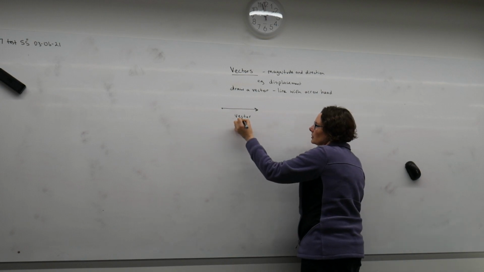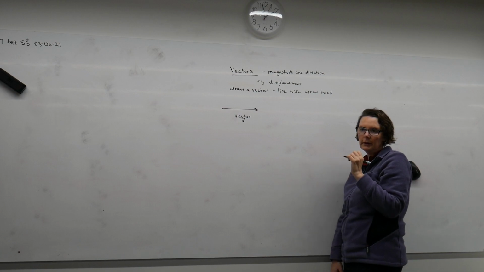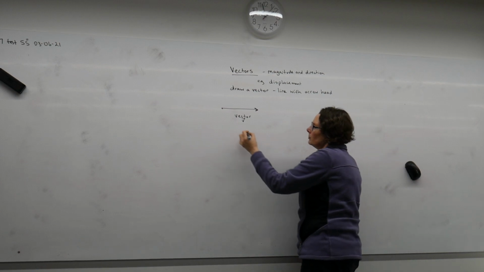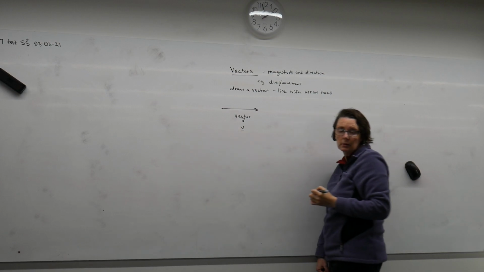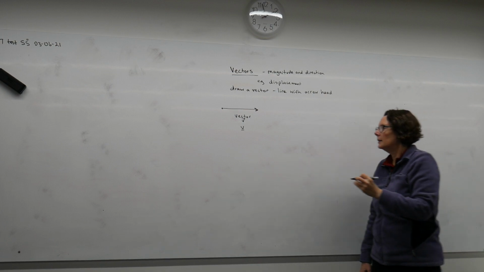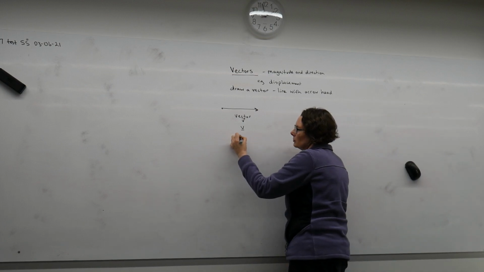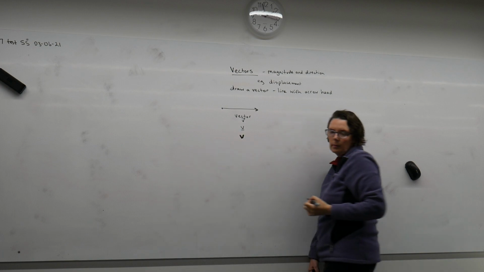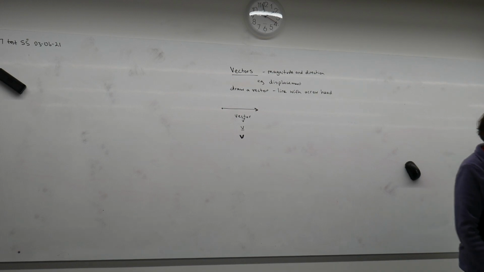You might see vectors represented with a little arrow on the top of them like that. Or it could be written as an underscore, like that. And in some textbooks, it's written in bold. But that's a way of indicating that whatever it's talking about is a vector quantity.